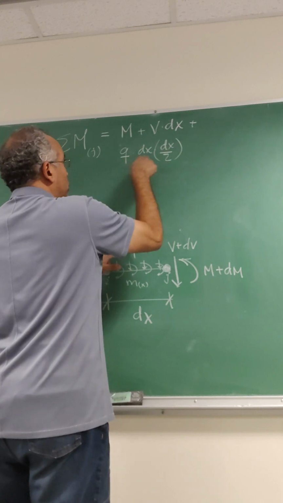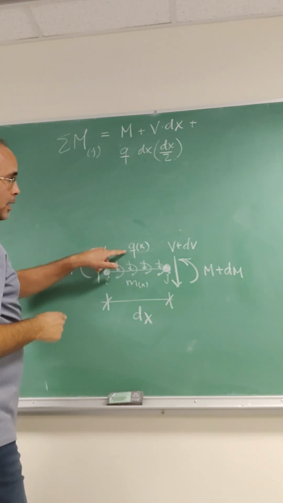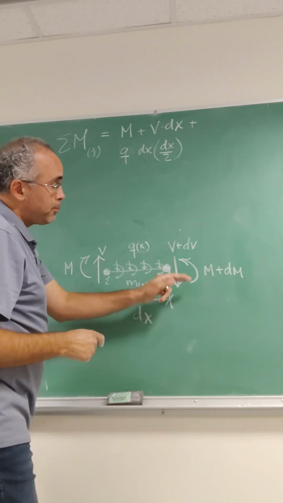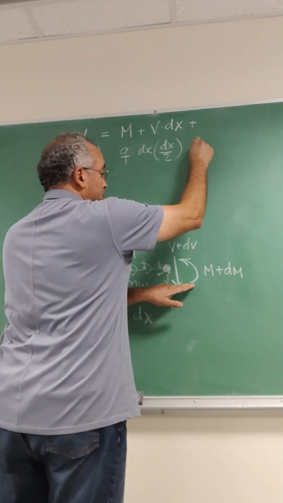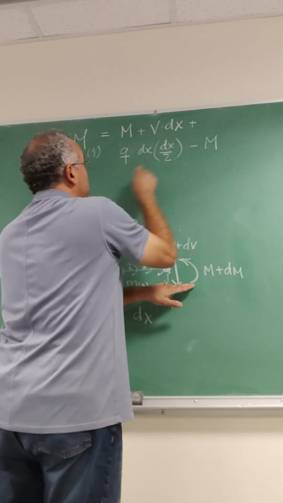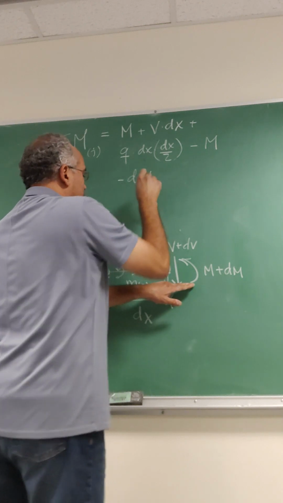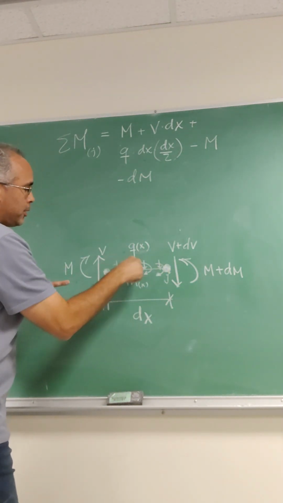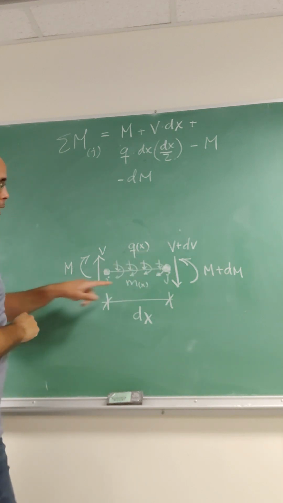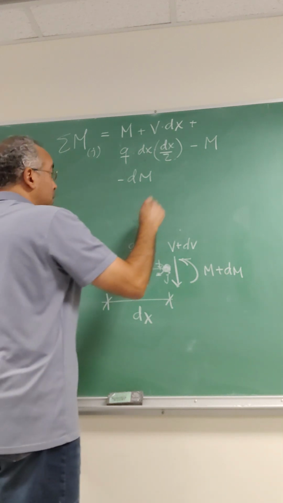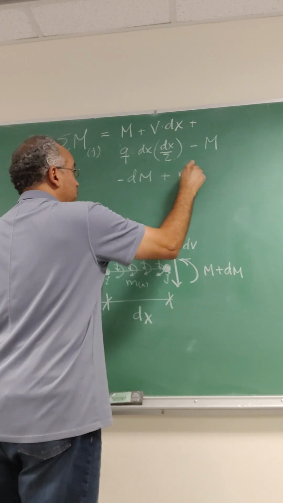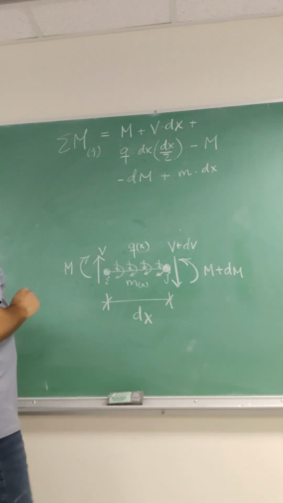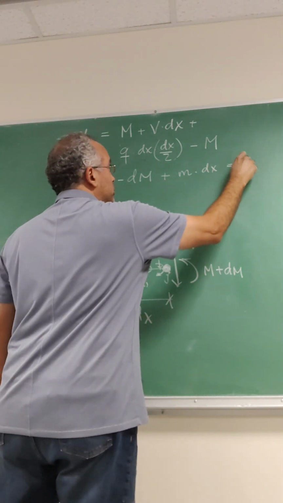That's the force times distance. V plus dV creates no moment because it's going right to that point. And then here we have minus M minus dM. And then we have an extra term that comes from the distributed bending moments m. And that term is going to be plus m times dx. All of that equals 0.